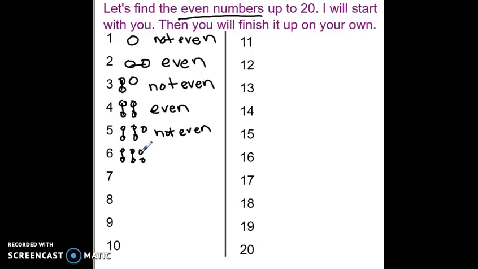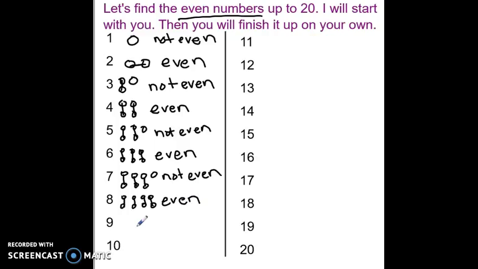Partner them up. 6 is even because everybody has a partner. Now we'll do 7. Partner them up. 7 is not even because 1 is left out. Now we'll do 8. Partner them up. 8 is even because they all have partners.